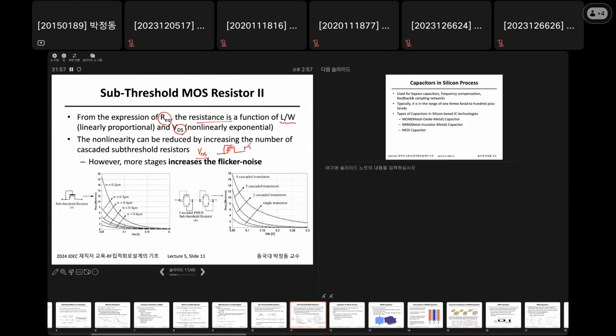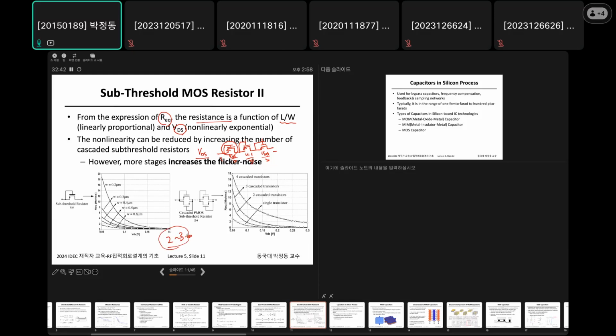Then the total VDS will be the same. Let's say in this case, each is VDS divided by 3, so the effect is reduced. That's how it works. And we typically use two to three MOS resistors in series.